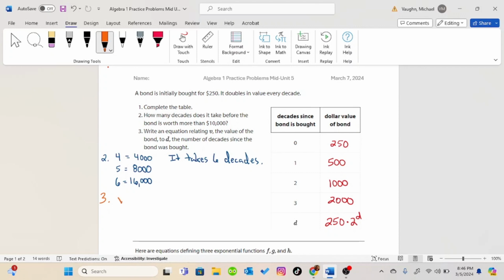The name of the function is V. The input is D. And that's going to equal the starting amount, 250, times the growth factor. Doubling means multiply by 2. And that growth factor is to the exponent of the input, which is D for decades.